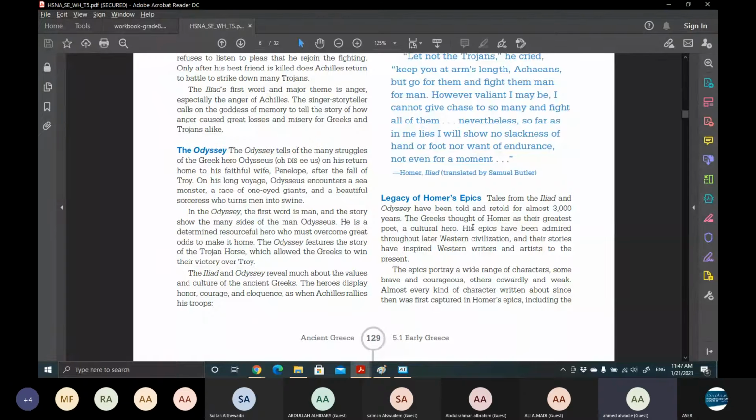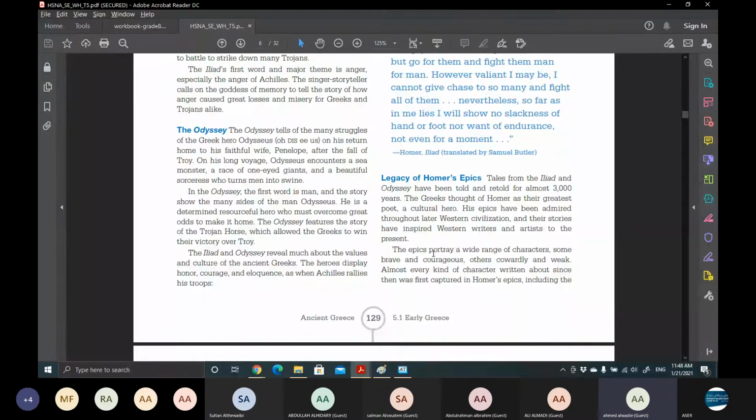The Greeks thought of Homer as their greatest poet, a cultural hero. His epics have been admired throughout later Western civilization, and their stories have inspired Western writers and artists to the present.